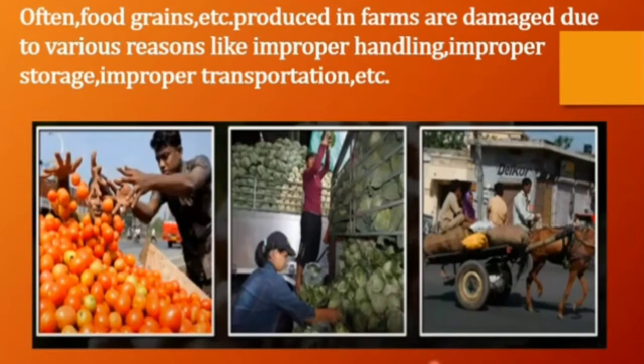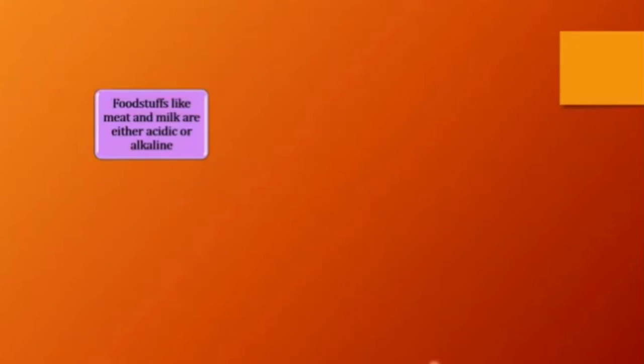Often, food grains, etc., produced in farms are damaged due to various reasons like improper handling, improper storage, improper transportation, etc. Some foodstuffs like meat and milk are either acidic or alkaline.